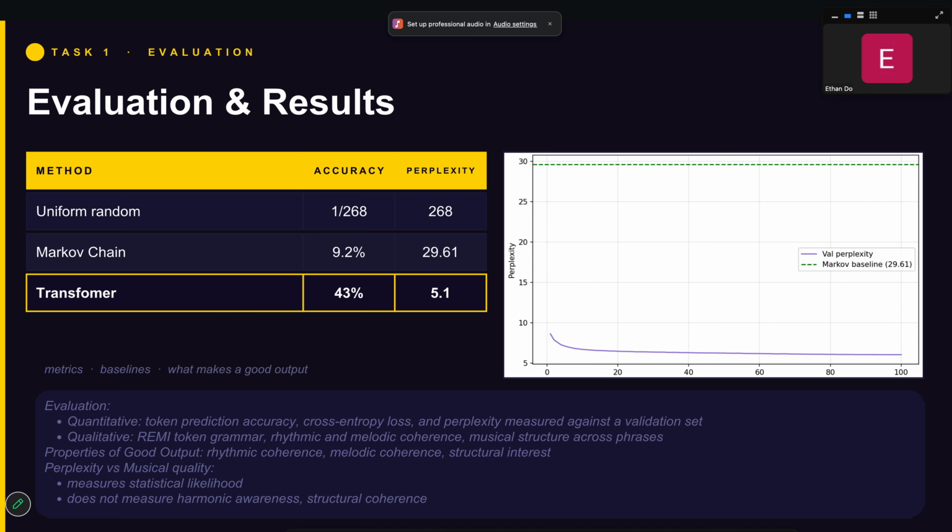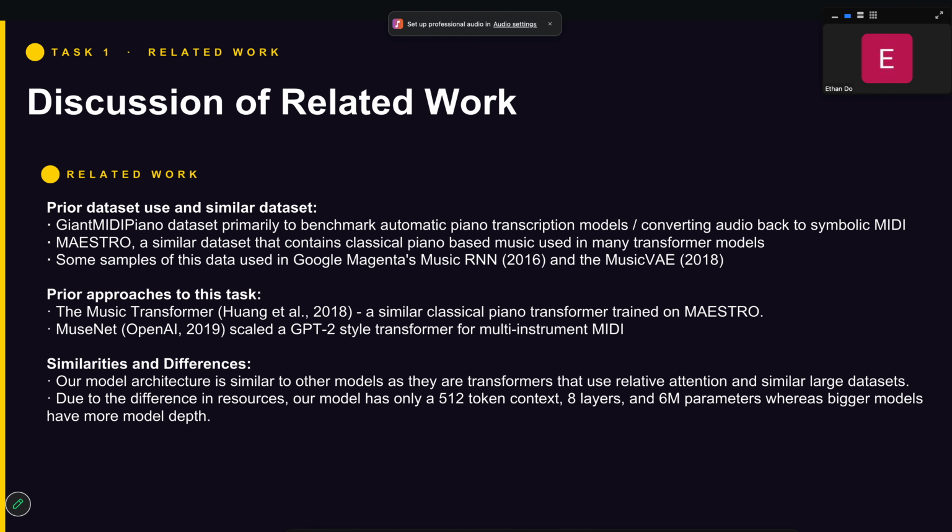And as you can see from the graph, it beats it from the start, meaning that there's a large gap between how well these models learn. And this translates to better formatted music, but whether it translates to better sounding music is subjective. But our statistics make a strong case for how our transformer improved upon our baseline, the Markov chain. Next slide, please.